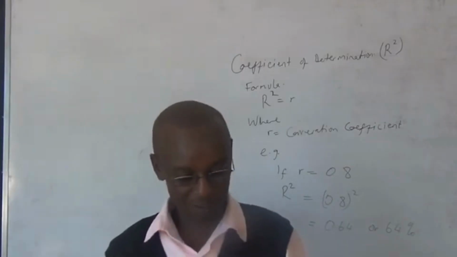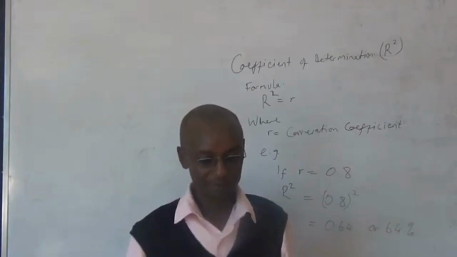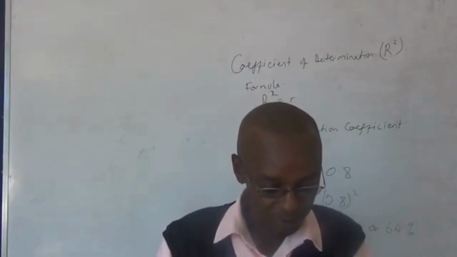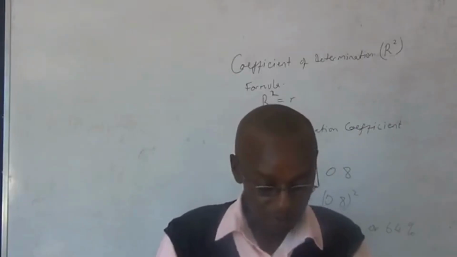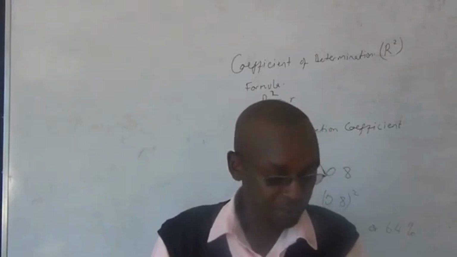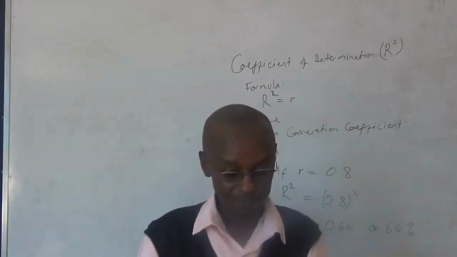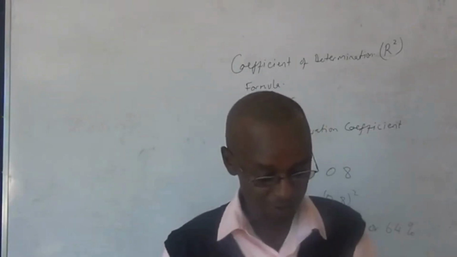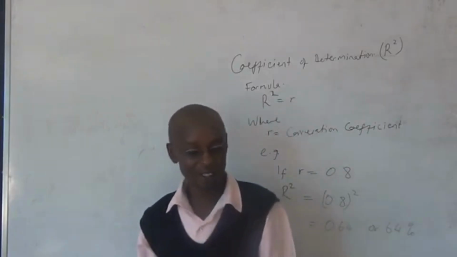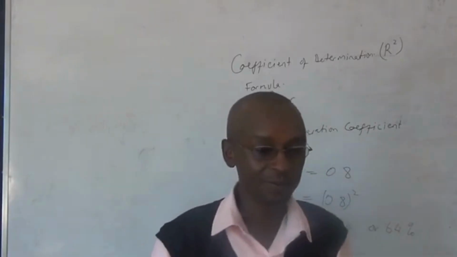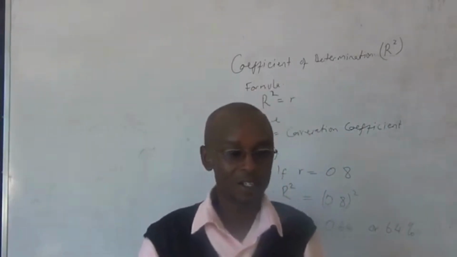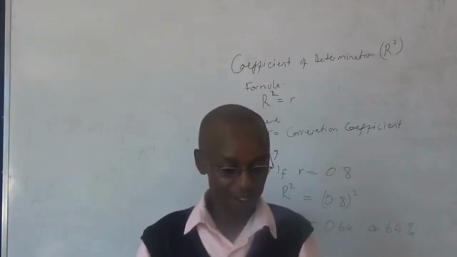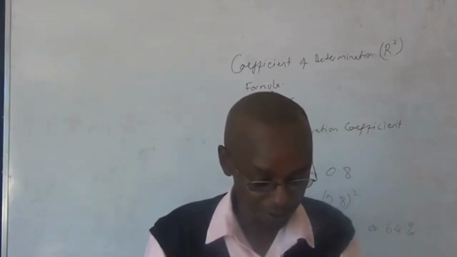Assumptions of linear regression. 1. Linear relationship exists. 2. Variables are quantitative. 3. Observations are independent. 4. Errors are random. 5.